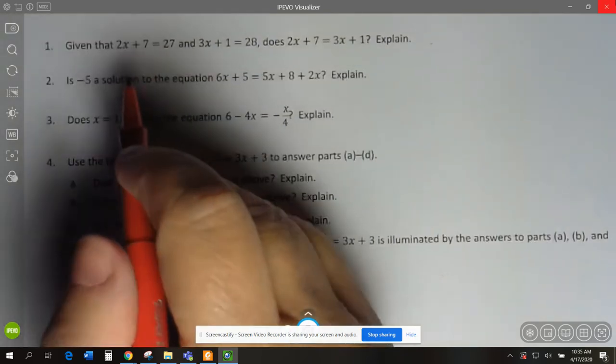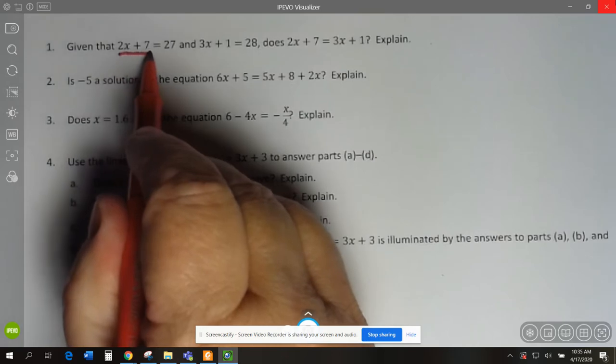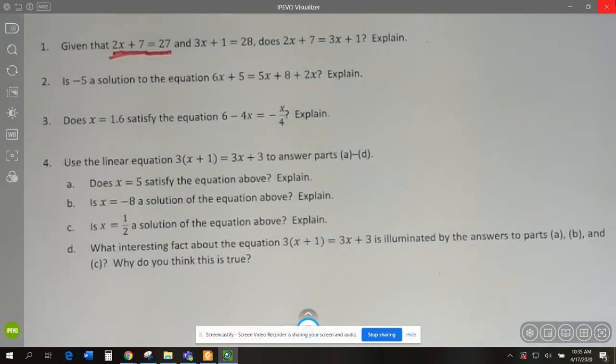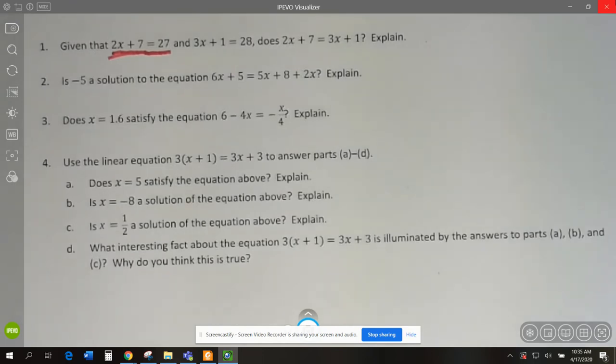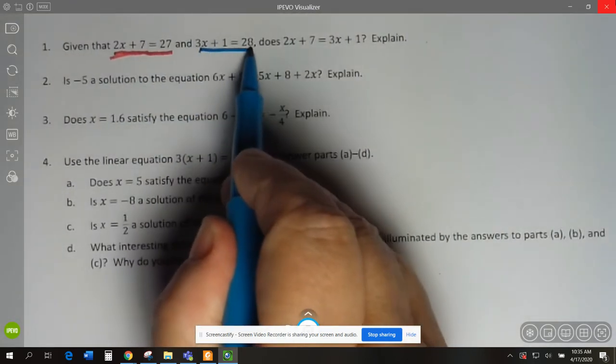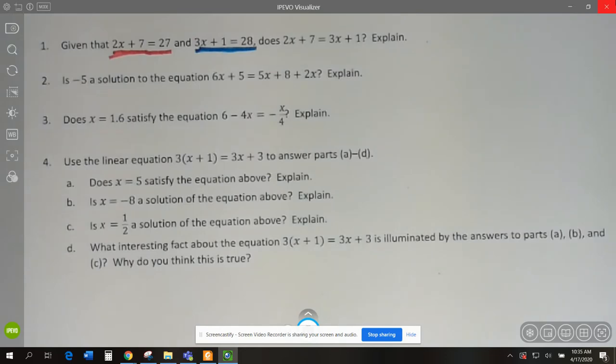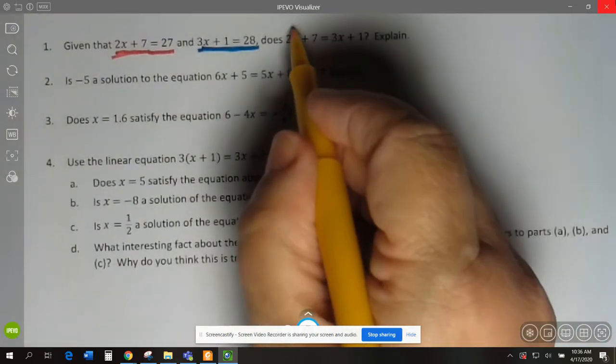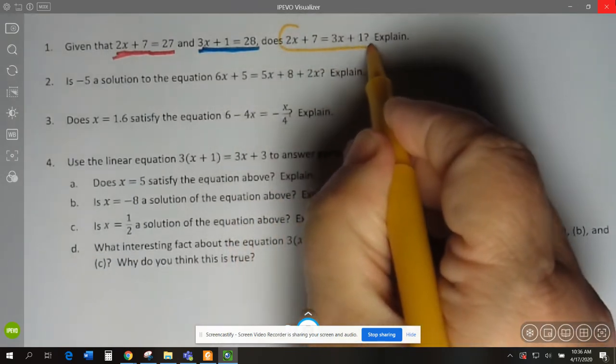And they give us that 2x plus 7 is 27. And then they tell us that 3x plus 1 is 28. And their question is, does 2x plus 7 equal 3x plus 1?